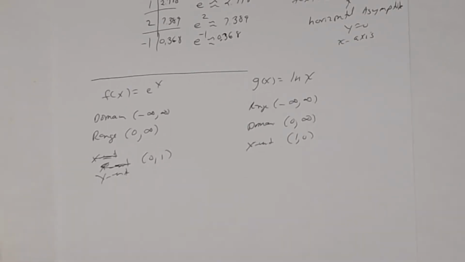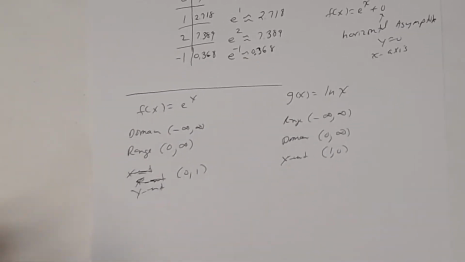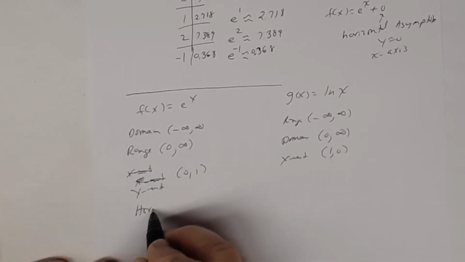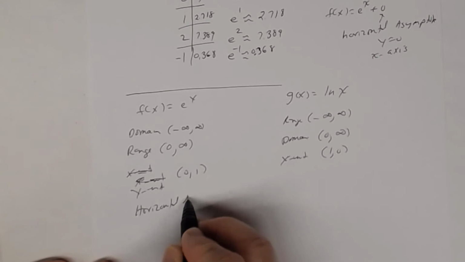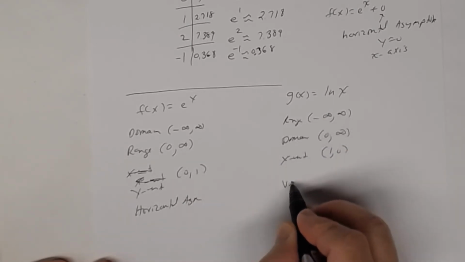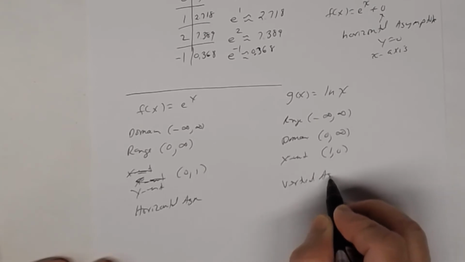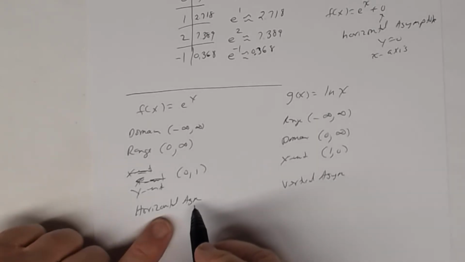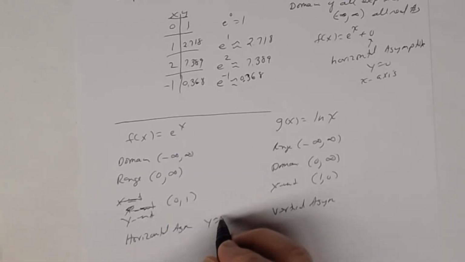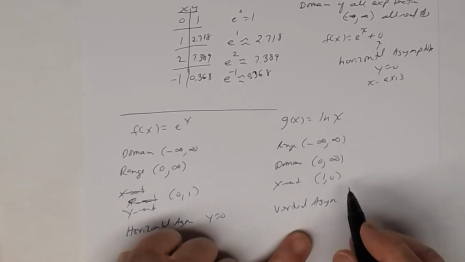And also remember that an exponential function has a horizontal asymptote, right? A logarithm has a vertical asymptote. So the horizontal asymptote here is y equals 0. Then how are you going to write the vertical asymptote?